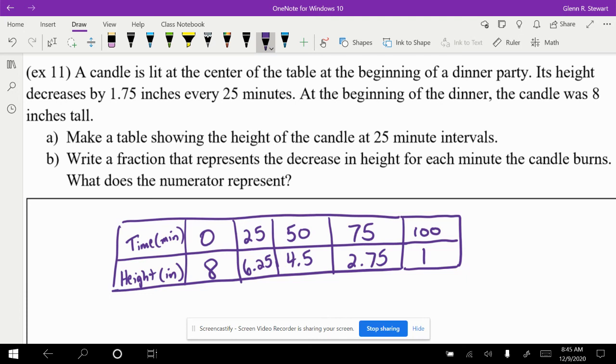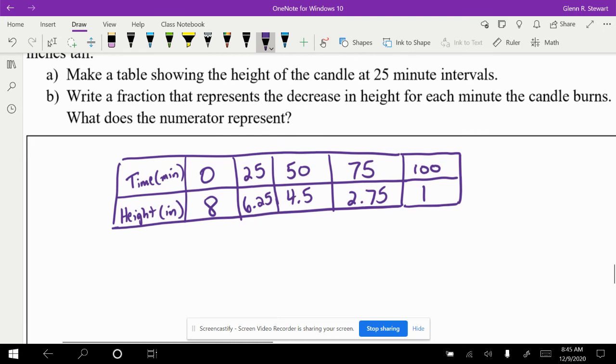So the next part B says write a fraction to represent the decrease in height for each minute the candle burns. Write a fraction to represent the decrease in height. Okay. So negative is negative 1.75. Decrease in height. And then it says for each minute the candle burns.